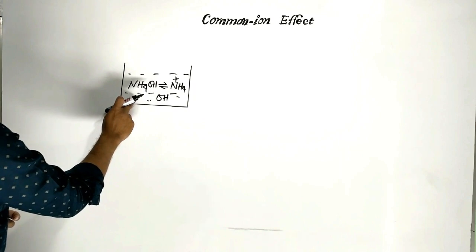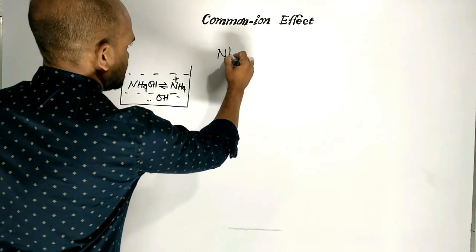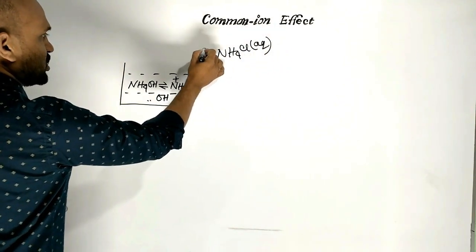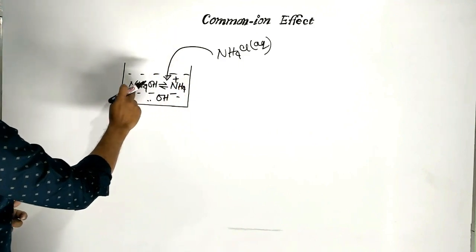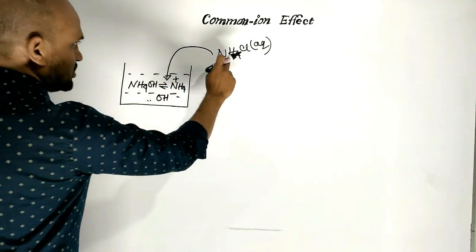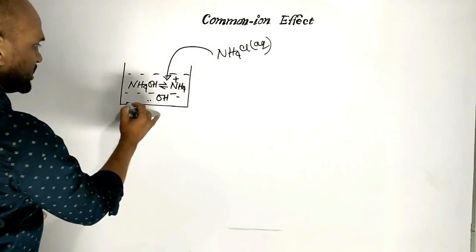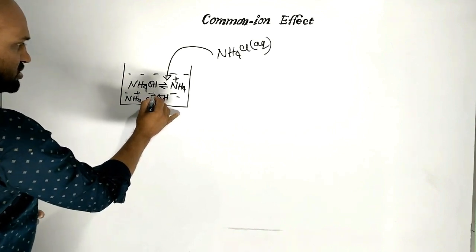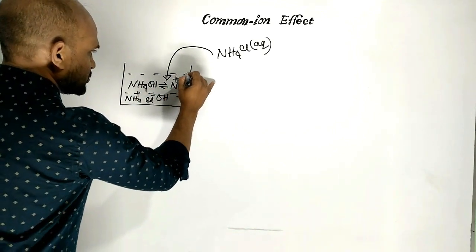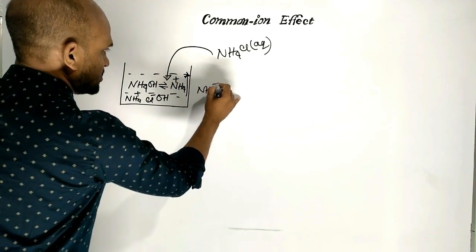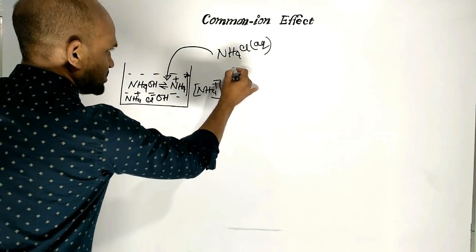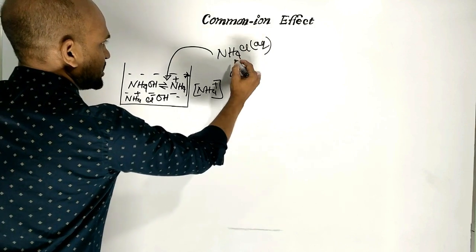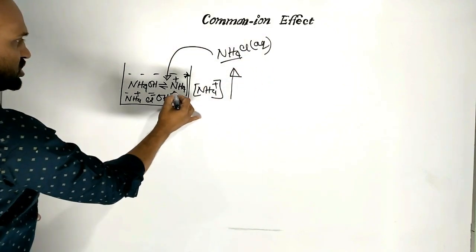When solution of ammonium chloride is added to the solution of ammonium hydroxide, from ammonium chloride we get ammonium ion and chloride ion. That is, the concentration of ammonium ion increases in the solution after adding ammonium chloride, which contains the common ion, ammonium ion.